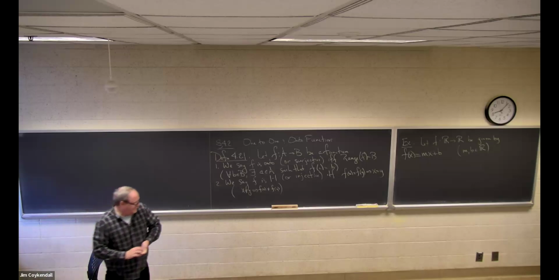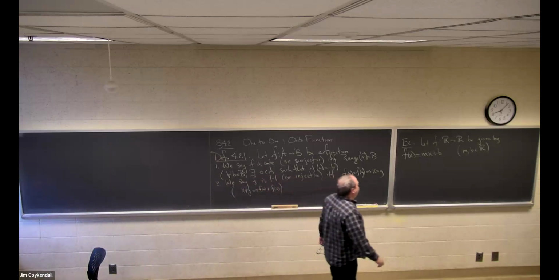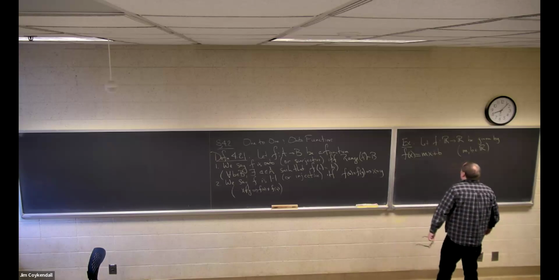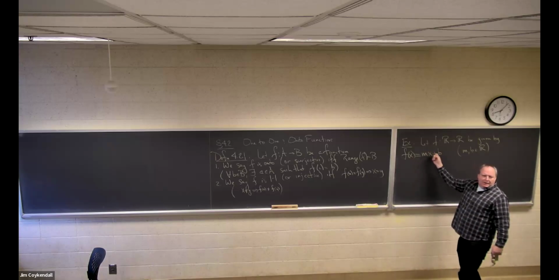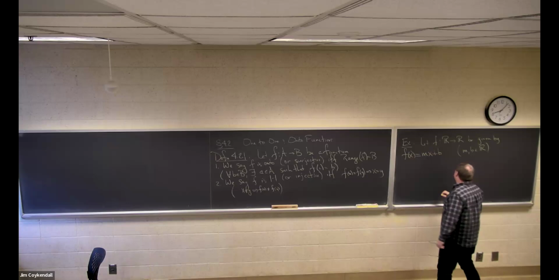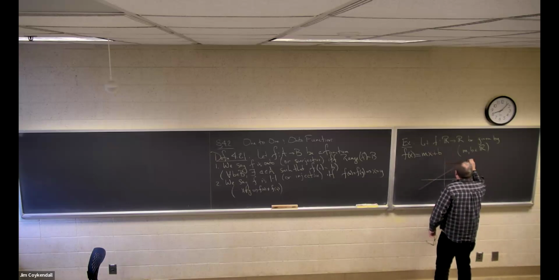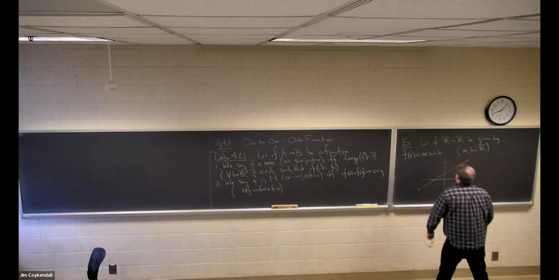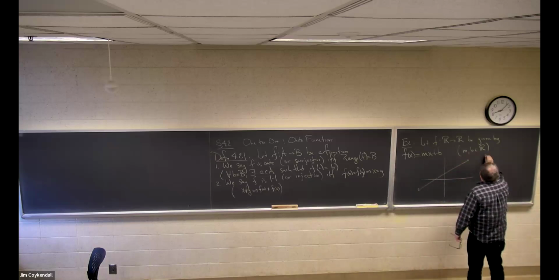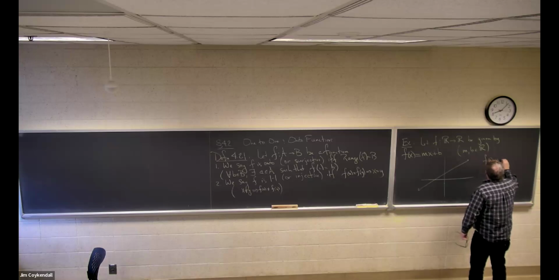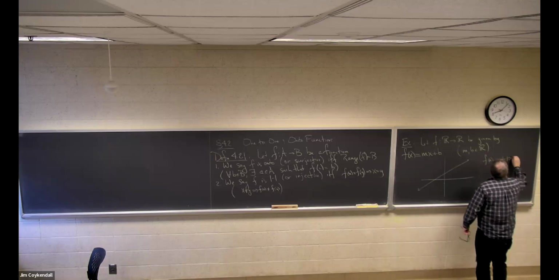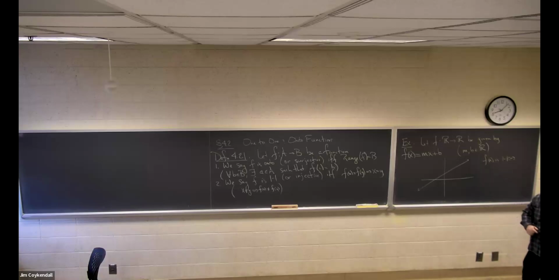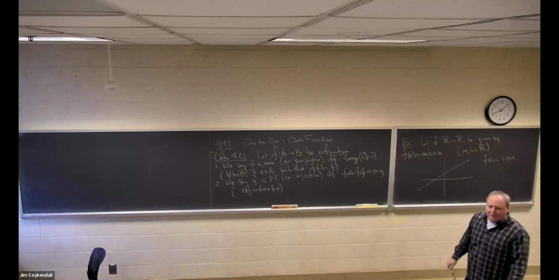That is correct. This is a line, slope m, intercept b, right? f of x is one-to-one if and only if... anybody want to guess what condition we need here?